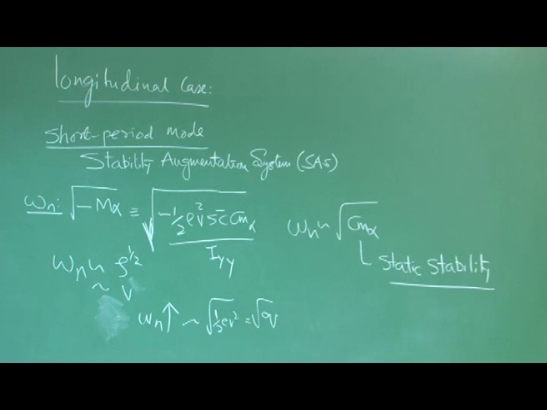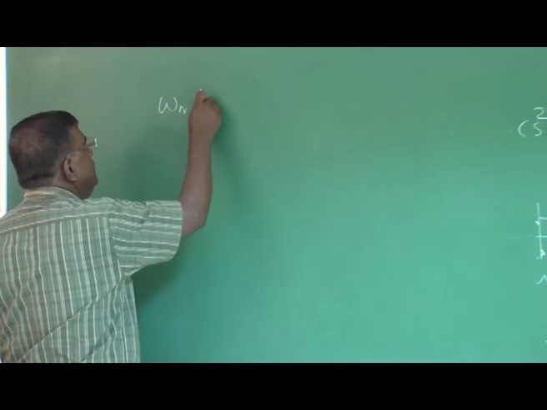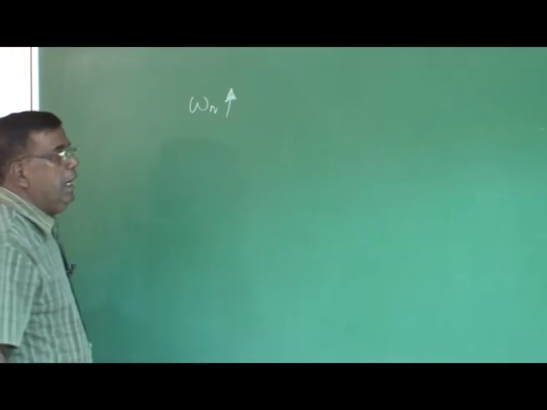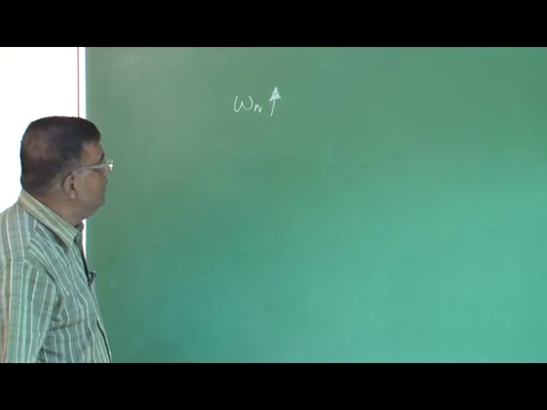Or in turn, it is a measure of stability margin. Let us say there is a requirement that omega n be increased at some point in the flight. What is the way to do it?